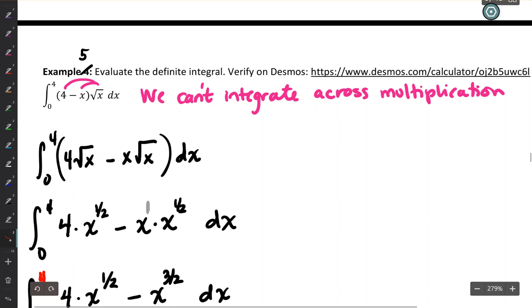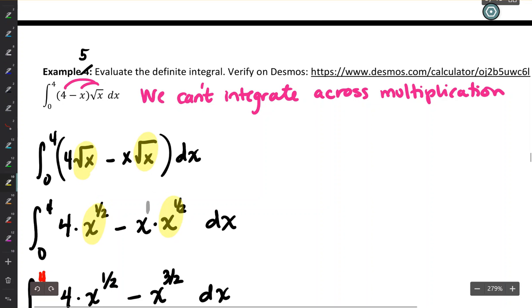I'm going to want to do power rule in reverse, right? Adding 1 to that exponent, dividing by the new exponent. So let's go ahead and write, in preparation for that, the square root of x as x to the 1/2 power. That's all I did from there to there.